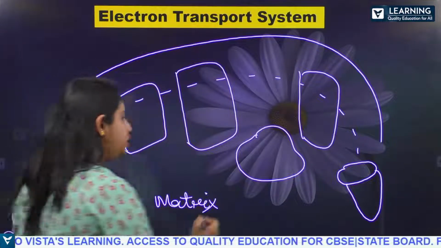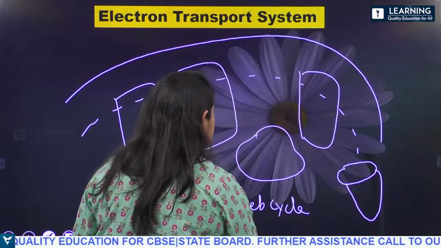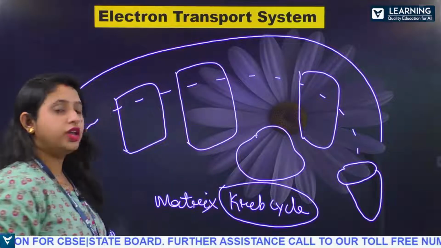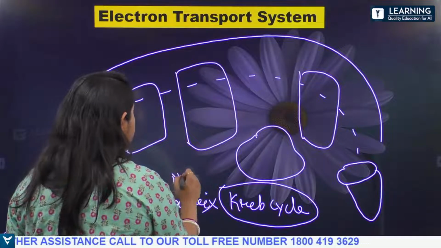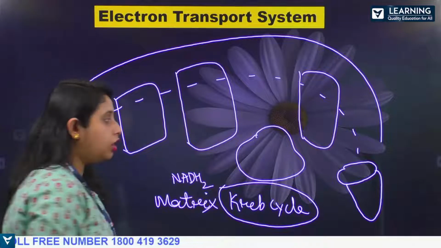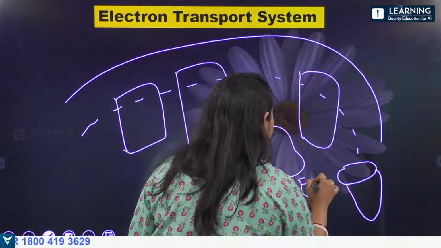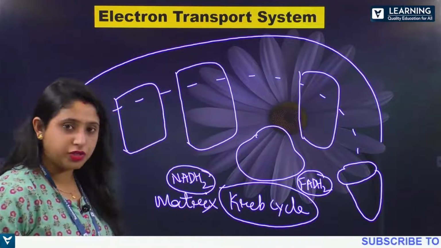Here we have learned about the Krebs cycle, right? During the process of the Krebs cycle, what energy molecules did we get? We got NADH2, and also we got FADH2, isn't it? These are the molecules which we got from the Krebs cycle.